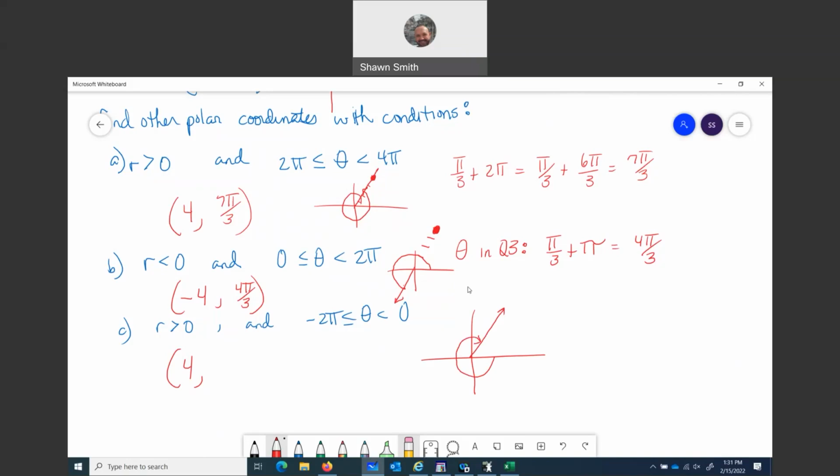If this is pi over 3, this would have been a full revolution of negative 2 pi. So back up one: negative 2 pi plus pi over 3. That's negative 6 pi over 3, plus pi over 3, is a negative 5 pi over 3 angle.